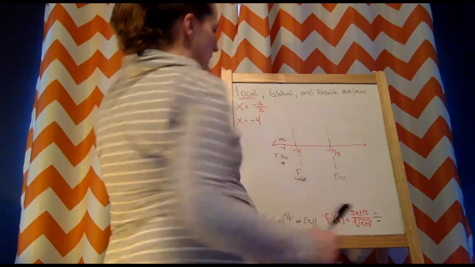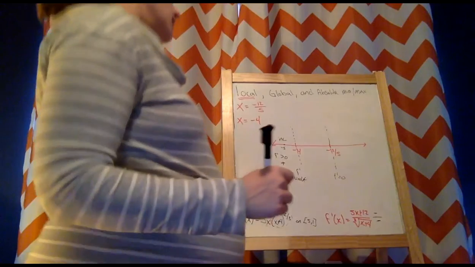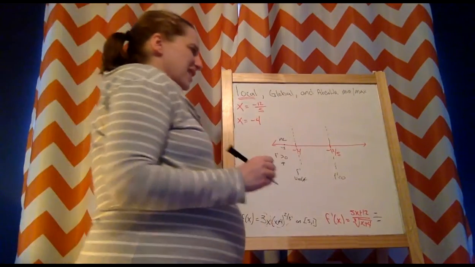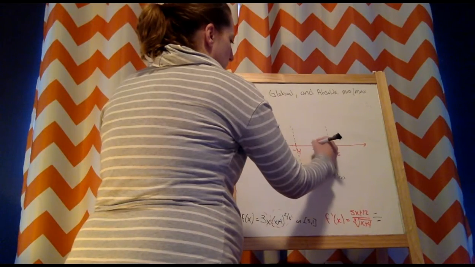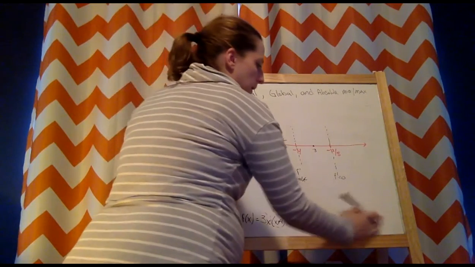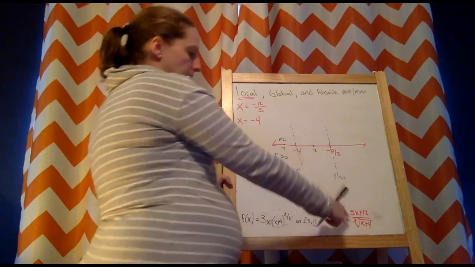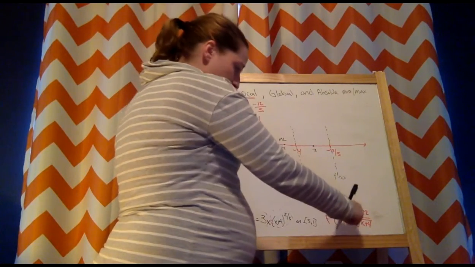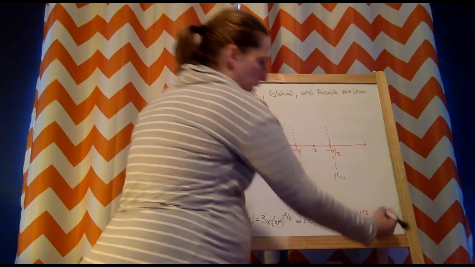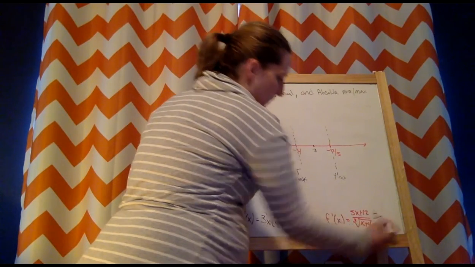Now let's pick something between -4 and -12/5. -12/5 is 2 and 2/5, so -3 is going to be between those two. Again, I'm going to play that positive and negative game. Plugging -3 into my derivative, 5 times -3 is -15. -15 plus 12 is still a negative number.